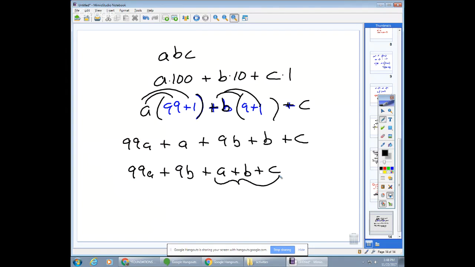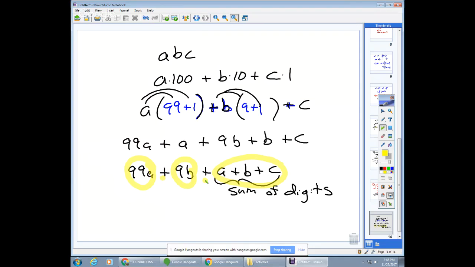So here's the sum of the digits. Now, one of the rules I gave earlier is that if a number divides one thing, and another thing, and another thing, then it will definitely divide the sum of those things.